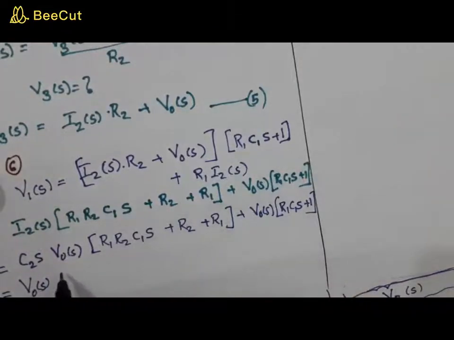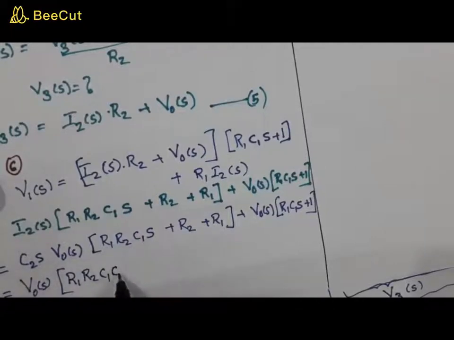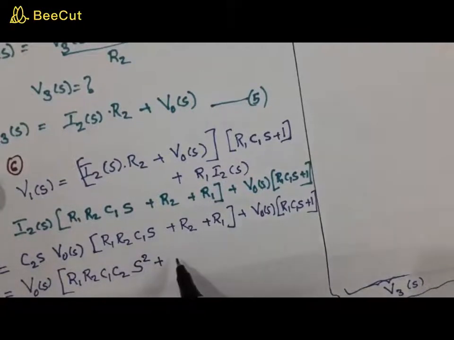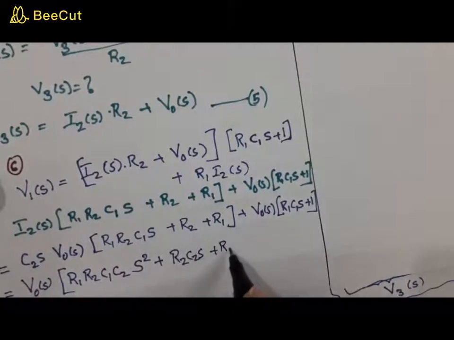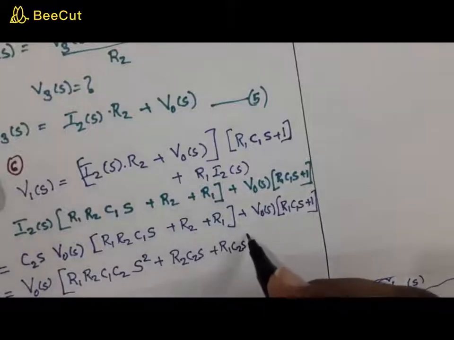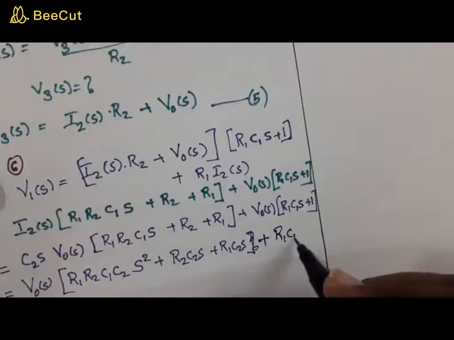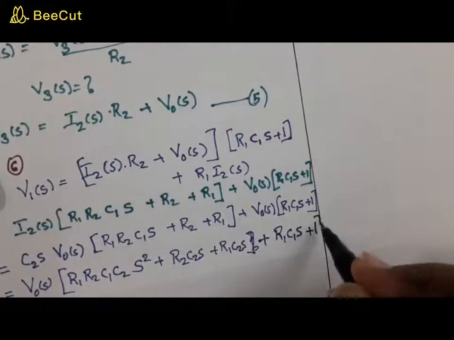Doing that, you will have R1 R2 C1 C2 s square, plus R2 C2 s plus R1 C2 s, plus R1 C1 s plus 1.